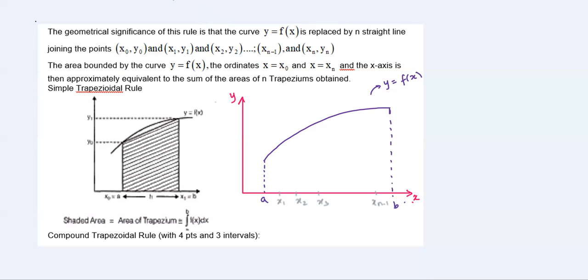What we do is, between x0 and x1, we are approximating these two points by a straight line like this. The next approximation for x2 is this line here. The next approximation, x3, y3, again is with this line. So what we are doing is adding the trapeziums.